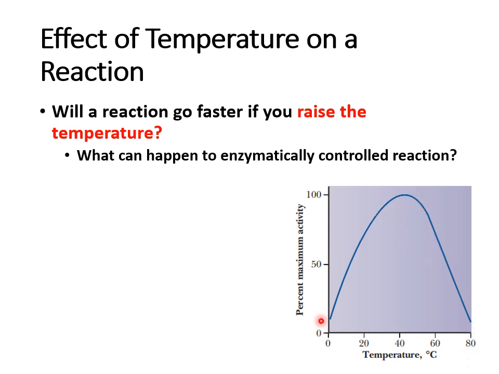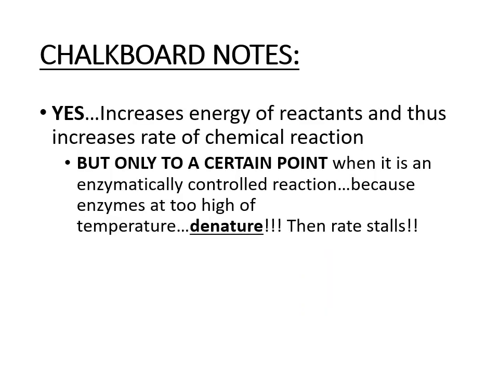So you can make the reaction go faster as you increase temperature, but when it's enzymatically controlled, you hit a point where a higher temperature will stall or stop the reaction. That's because, as we mentioned earlier, enzymes are proteins. And what happens to proteins at higher temperatures? They get denatured, which means they unfold and now they are not going to function anymore.